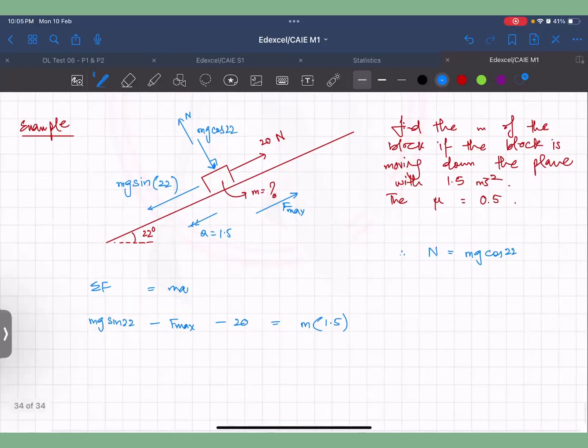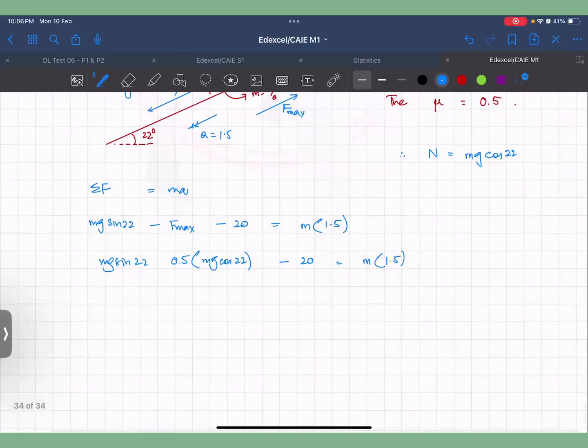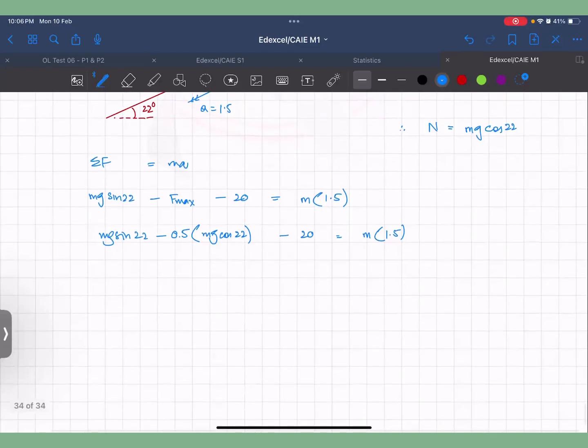Now F max can be opened up into mu n. So mu is 0.5 and n is mg cos 22. Mu n minus 20 minus mg sine 22 equals m times 1.5. So now look, this is your complete equation. You move things around, bring all of the m's together.